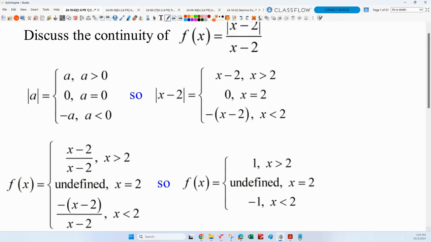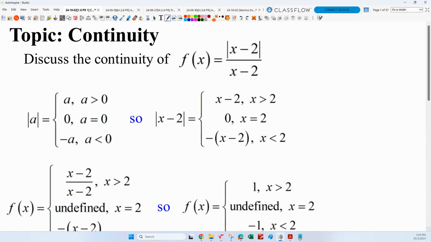Okay, another way you could do it is the way we talked about in class last week. If we know that the absolute value of a is defined as a whenever a is positive and the opposite of a when a is negative, then the absolute value of x minus 2 is going to be positive whenever x minus 2 is positive. And when is x minus 2 positive?